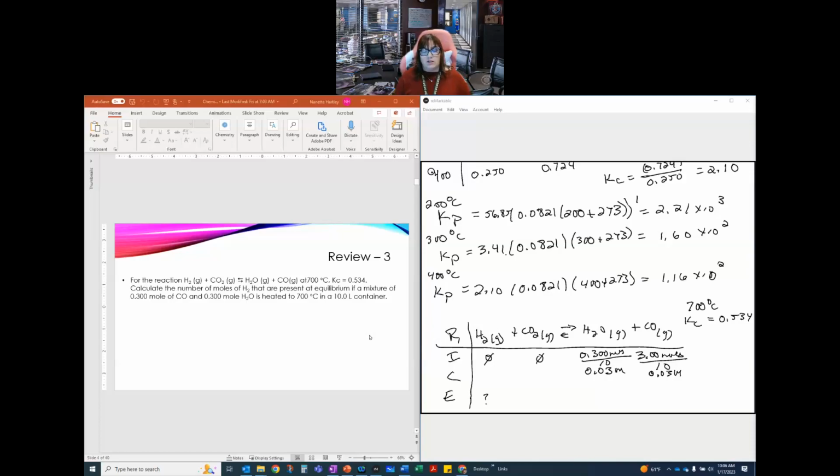Looking at it the way that it's written, in order to make H2 we would be looking at the reverse equation, right? Because I'd have to break down the products, the H2O and the CO. Can I do it? Yes. Am I going to do it?